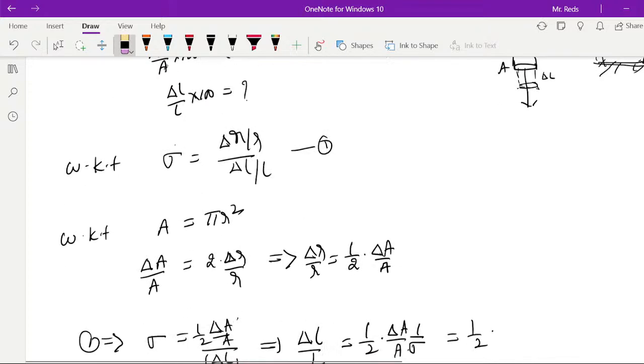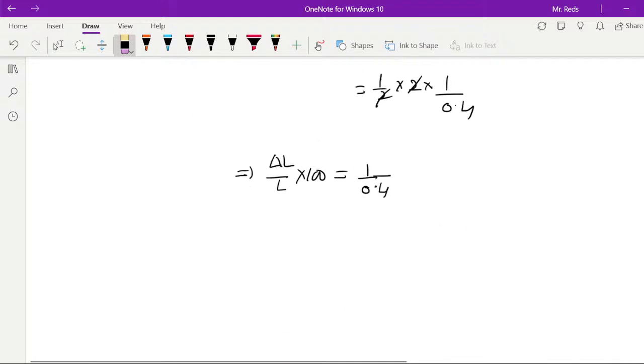On simplifying, if you multiply by 10 by 10, we get 10 by 0.4 into 4, which is 25.